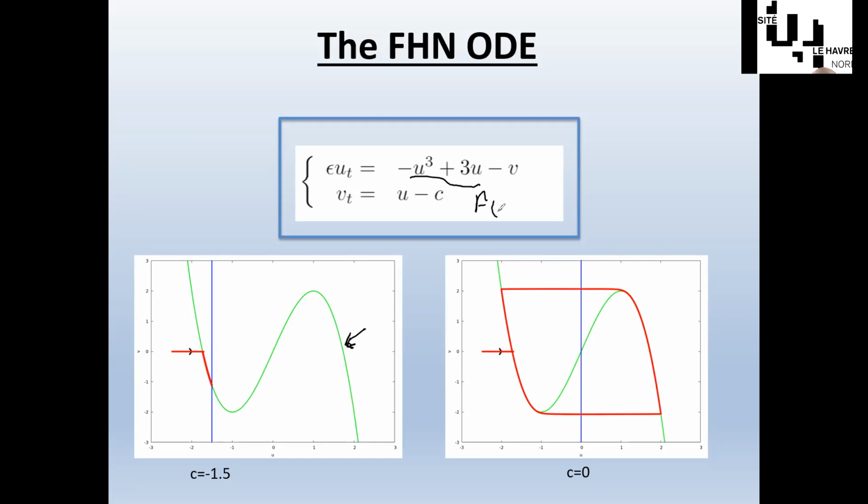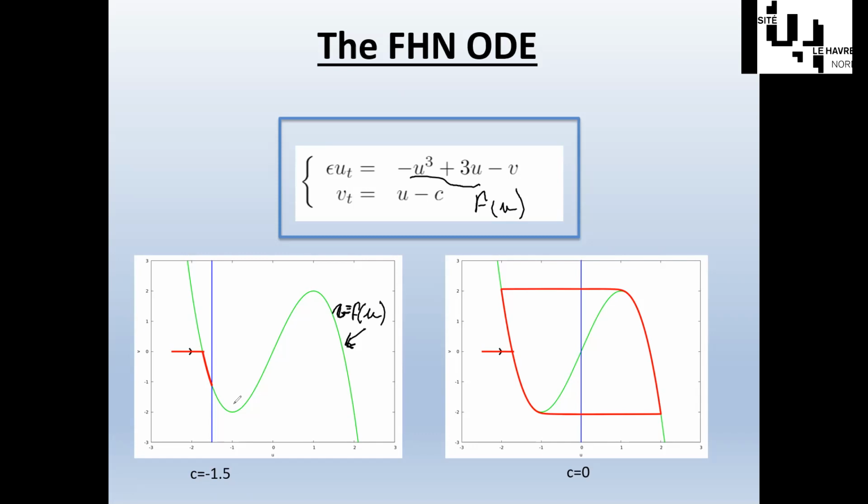Here it's v, here it's u, so v equals f of u. All right, so in this green curve, for the points (u, v) on this green curve, the derivative of u is 0, right?